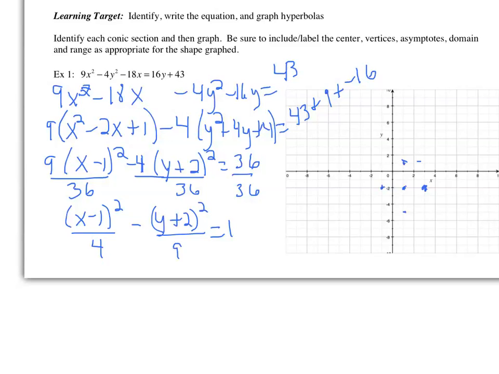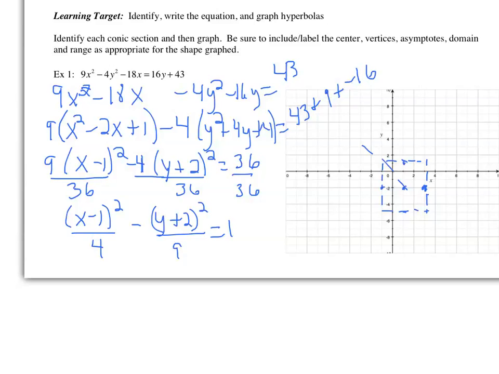And then if we just draw in, oh my goodness, draw in our box, it's going to look something, this is awful, something like that.